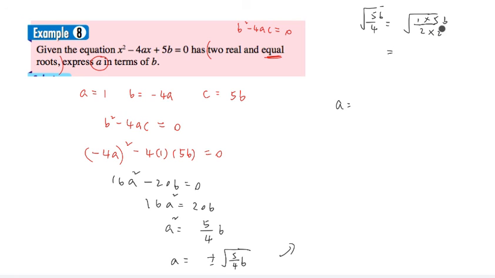Square root of 1 over 4 is 1 over 2. So here, a equals plus minus 1 over 2 square root of 5b. Okay, 2 times 2 is 4. Alright, finished.